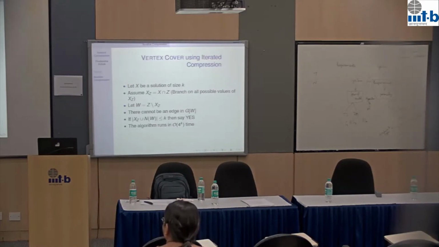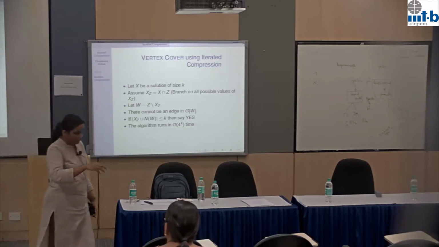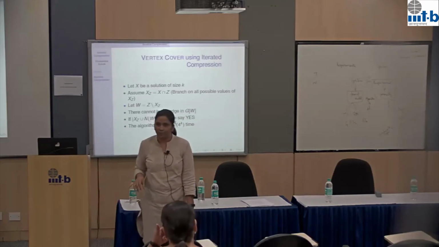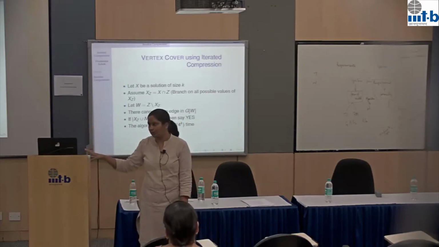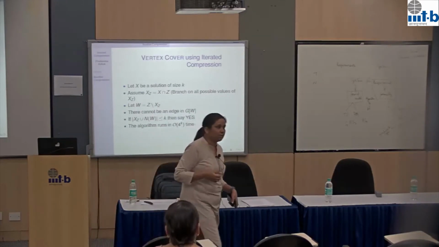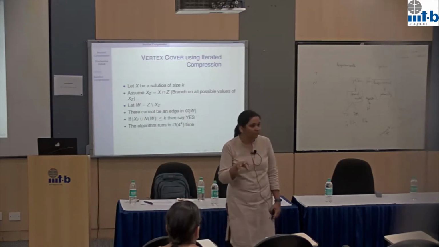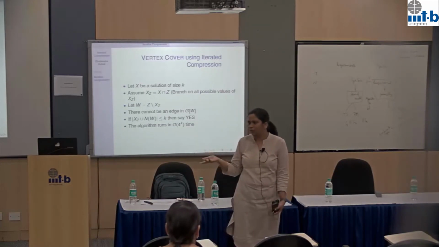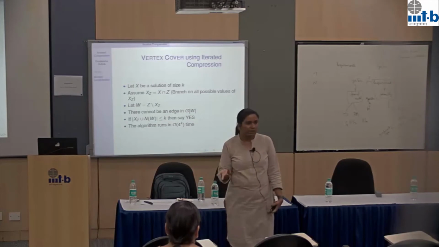So I'm not looking at the entire graph, I am only looking at the subgraph on some k plus 1 vertices. So many of the edges I'm not even seeing now. But you have a k plus 1 sized vertex cover for this subgraph, right? You take each of them, and you trivially get a k plus 1 sized vertex cover.